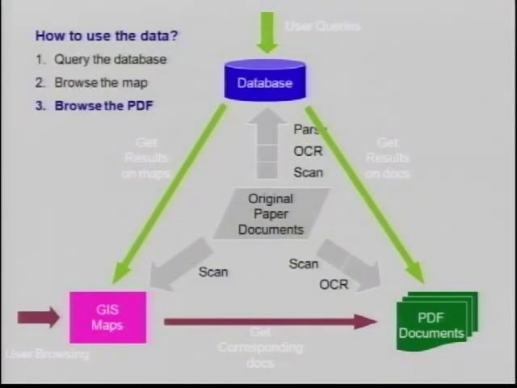So we essentially started from the original paper documents, scanned them. So created, in this particular instance, our images are PDF documents. You can turn pages between those. We also scanned, OCR'd, parsed the documents, put them in a database, kind of sketched how we did that on a very simple example.